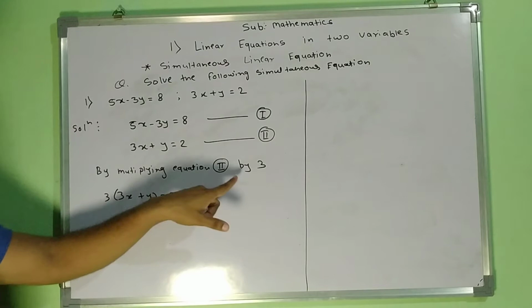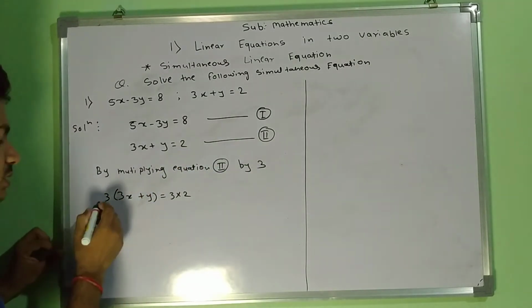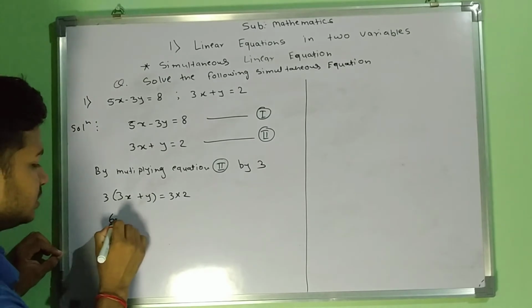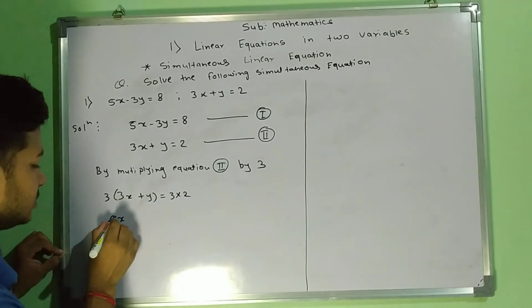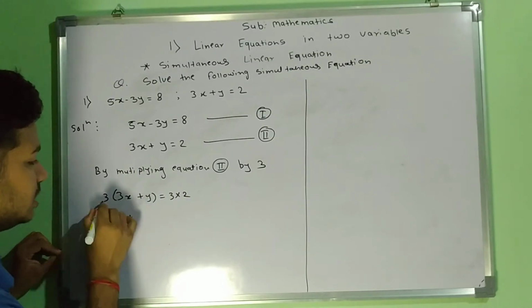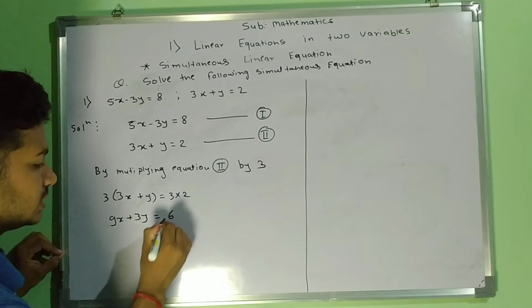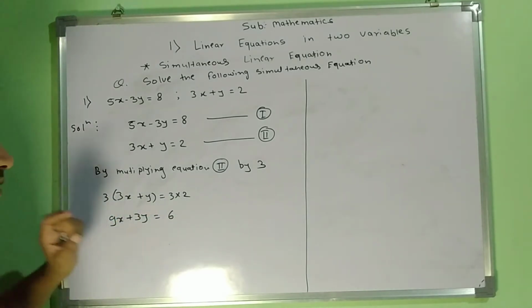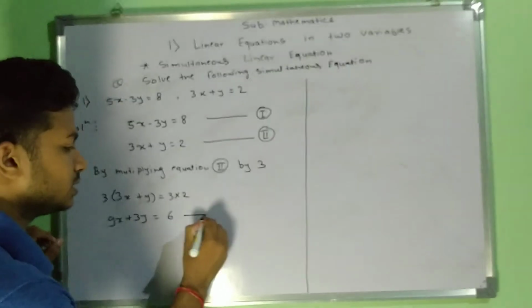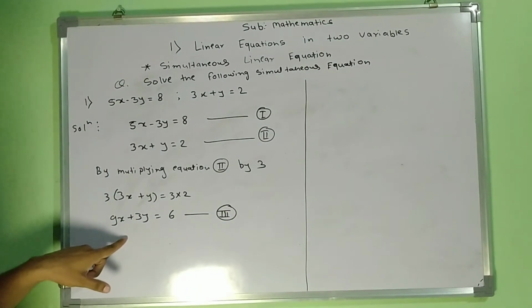Here multiplying equation number 2 by 3, that means we have to multiply on both sides. So after multiplying we will get 3 threes are 9x plus 3 multiplied with y will be 3y which is equal to 3 into 2 will be 6. So we got 9x plus 3y which is equal to 6. Now we will call that equation number 3. So this one is our third equation.